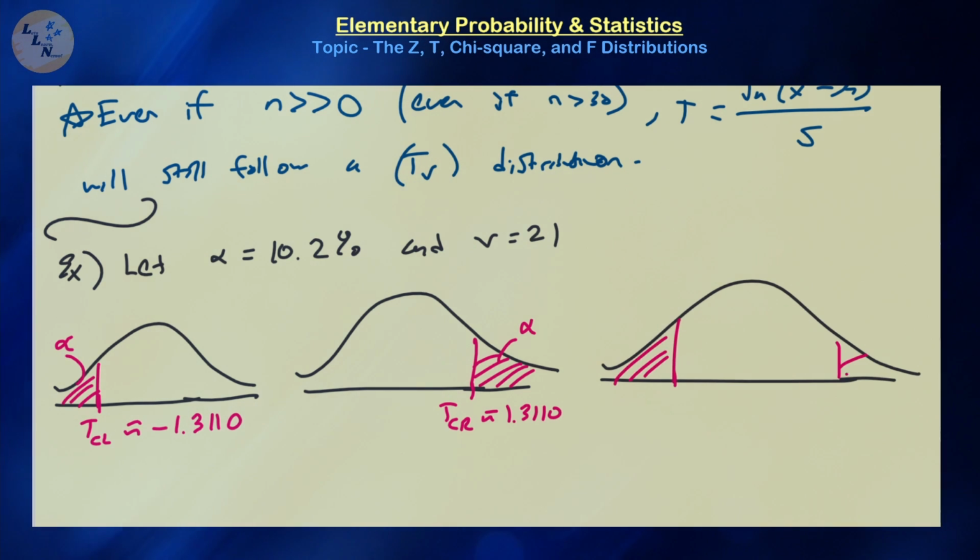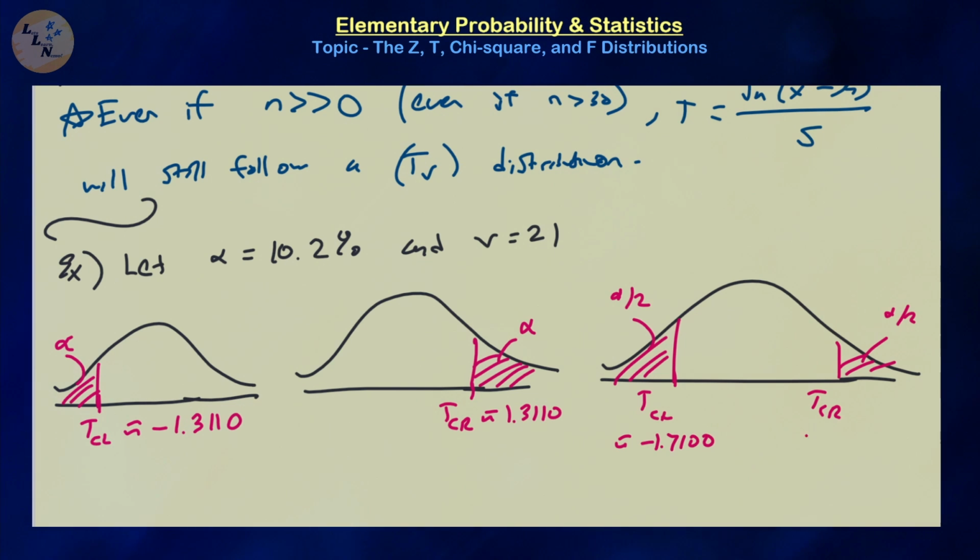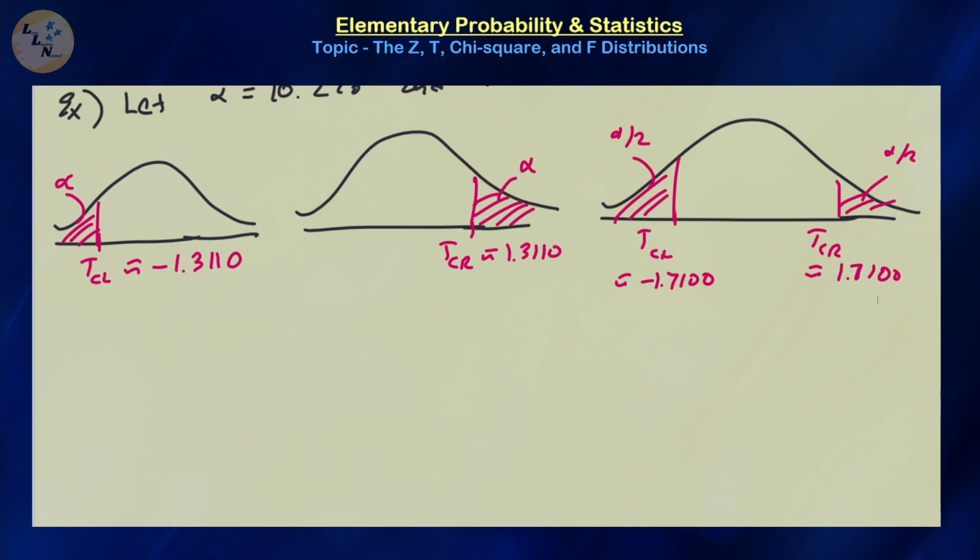Let's assume that this is a symmetric two-tailed critical value with alpha over 2 on the left, alpha over 2 on the right, and 1 minus alpha over 2 to the left of the right one. So we're going to have TCL and TCR. One can show that TCL is approximately equal to negative 1.7100, and TCR is approximately equal to positive 1.7100.